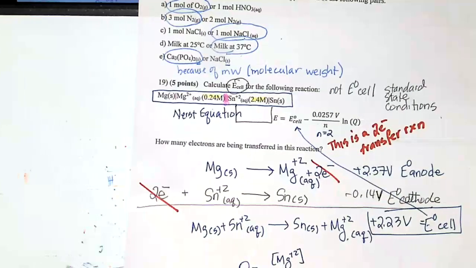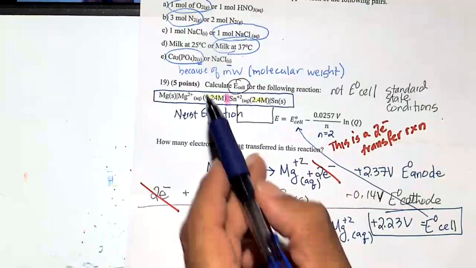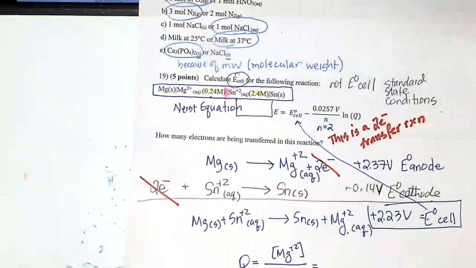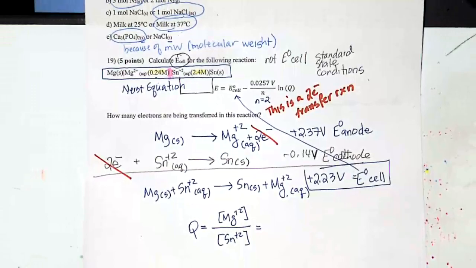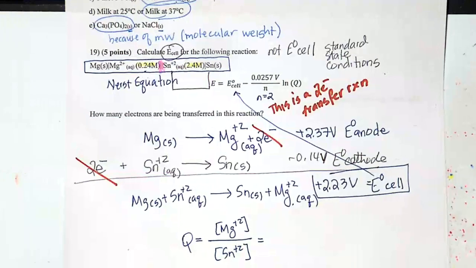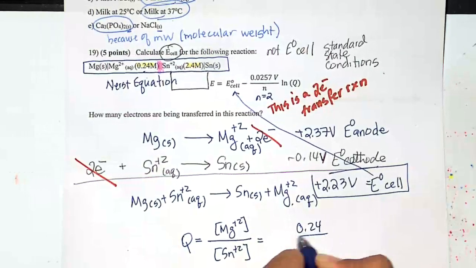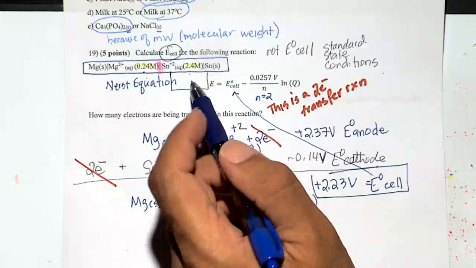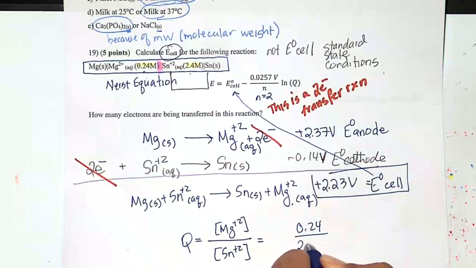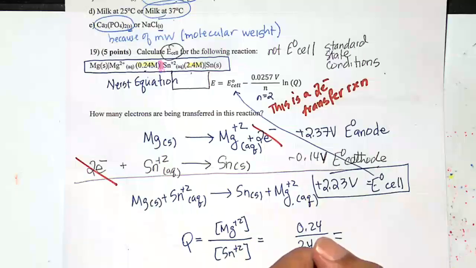And then we don't put any solids or liquids in here. So the Mg plus 2 concentration is going to be 0.24 molar, and the Sn plus 2 concentration is 2.4 molar. This Q has no units, and this is 0.1.